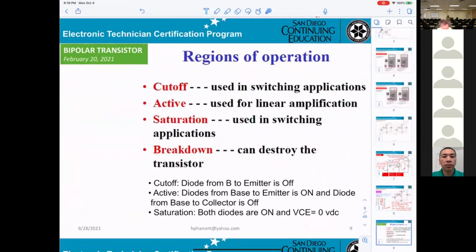They can be cut off, active, or saturation. Cut off and saturation are used for switching, on and off. Only when you want to build an amplifier, you want the transistor active, okay?